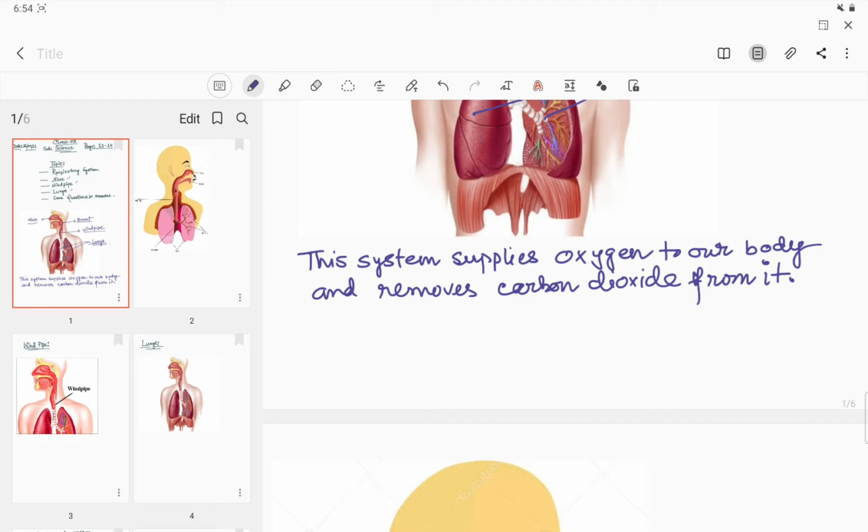Besides helping us breathe in and breathe out, it has two different roles. First one, it allows us to smell and to talk.